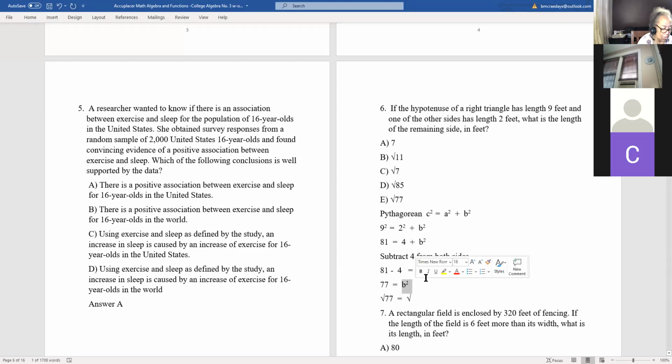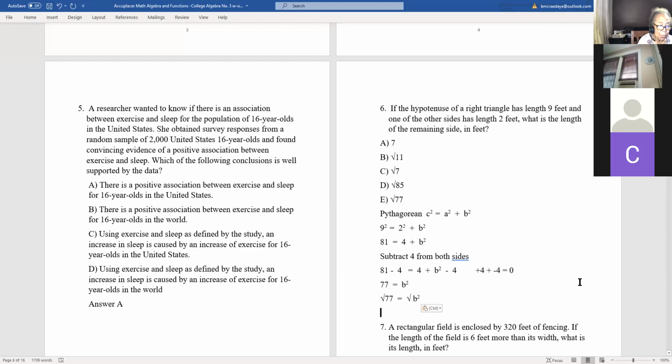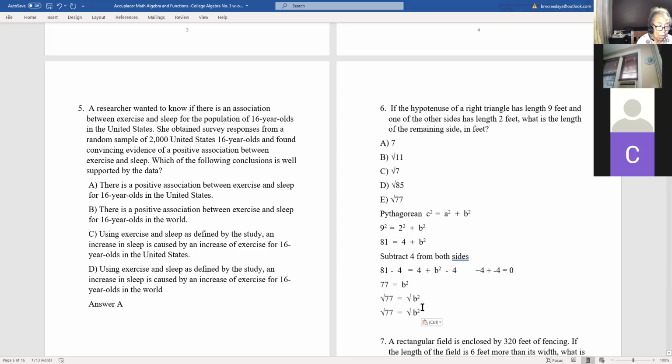What's the square root of any square? It's just the variable, right? Or the number. So let's put b squared here. So what's the square root of b squared, Latoya? The square root of b squared is just b, right? So I'd have the square root of 77 is equal to b. So no square root here, just b.